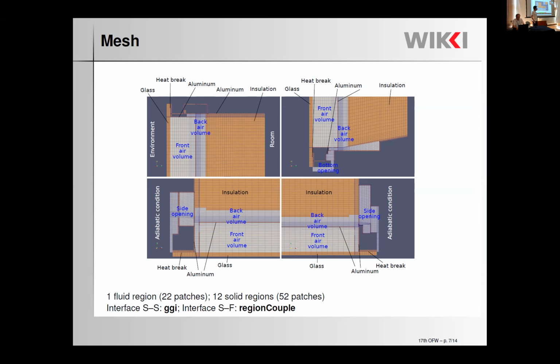The solid part has a much higher number, around 50-something patches. Just to mention, when there is an interface between two solid parts, this is done by a GGI interface. When we have interaction between fluid and solid, this is done by the so-called region-coupled boundary conditions that are implemented in OpenFOAM to treat this type of problem.